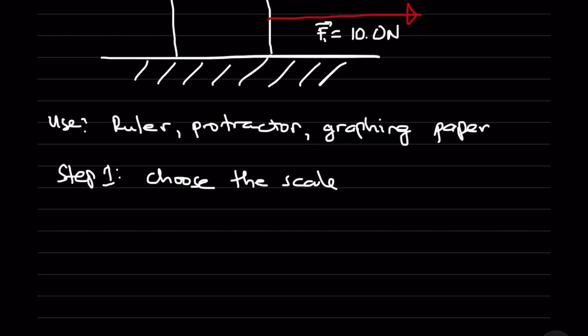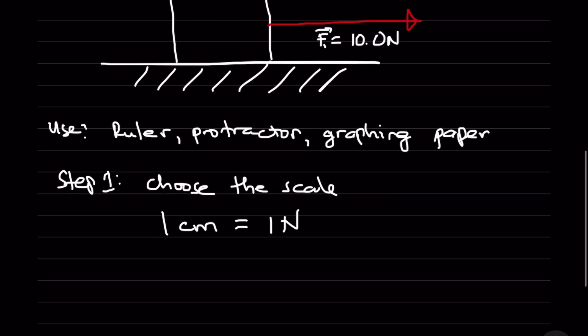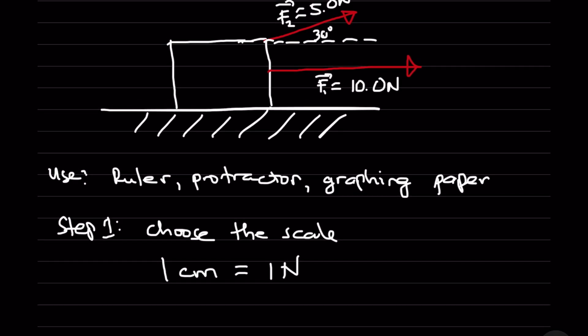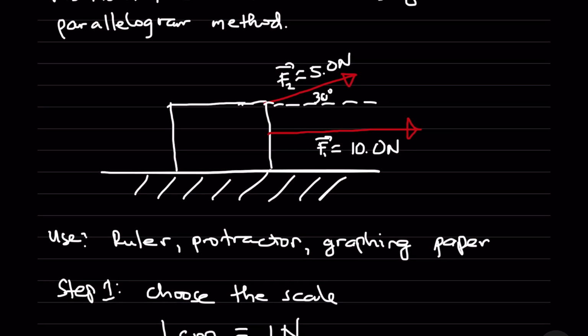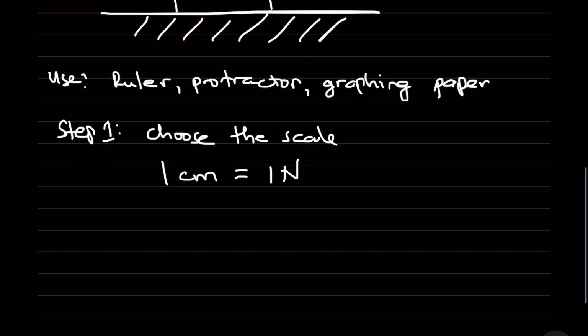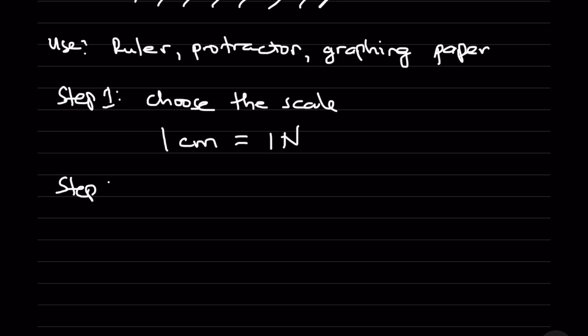The first step, again, just like what you did for the polygon method, you choose the scale. One convenient choice here is 1 centimeter on your graphing paper corresponds to 1 Newton in the problem. That is the first step. The next step is to draw a Cartesian plane, xy.